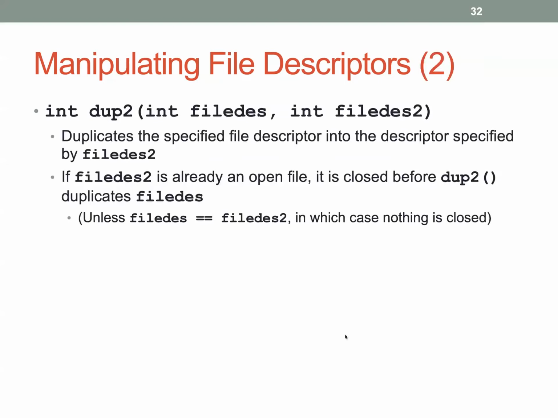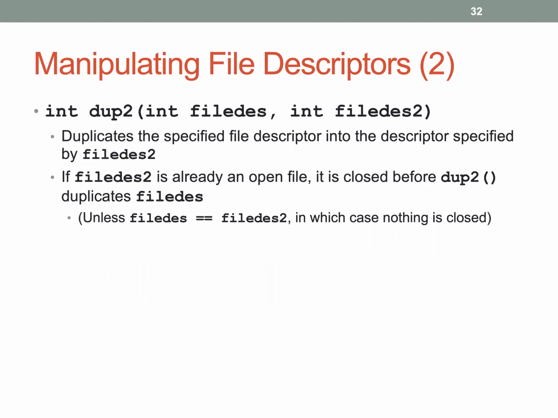Dup2 is the one we care about because basically you can say what file descriptor you want to duplicate and where that file descriptor should be duplicated into. This allows you to replace standard output. This allows you to replace standard input or standard error. Okay? So you can read about the details here.